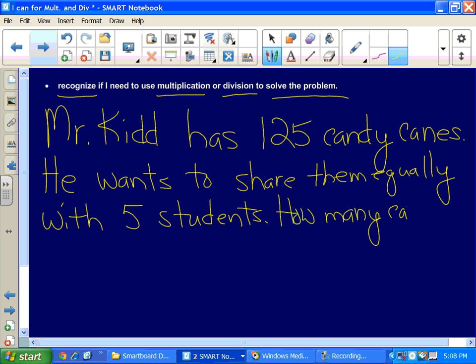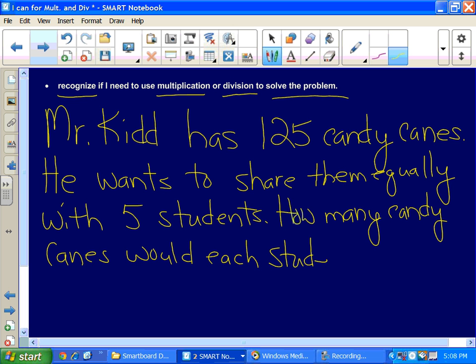How many candy canes would each student get? All right, just pause that, and then we'll reveal here in just a second what operation and why.